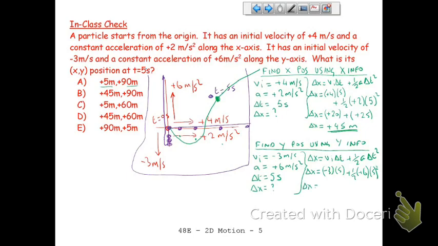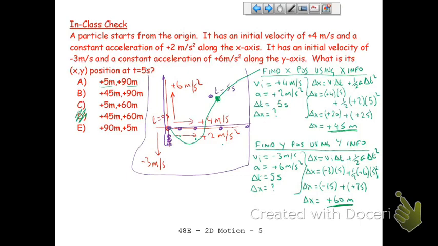Delta x is going to equal minus 15 added to plus 75. Delta x is equal to plus 60 meters. So across here, 45 and 60. Boom, boom, boom, boom. So 2 little bits that were one-dimensional.